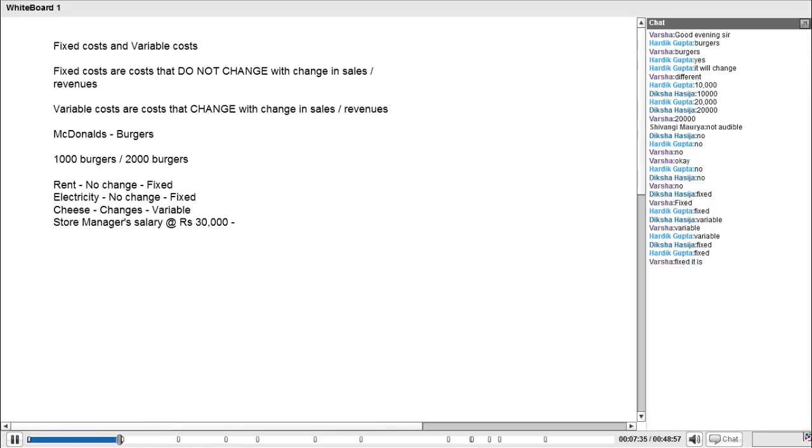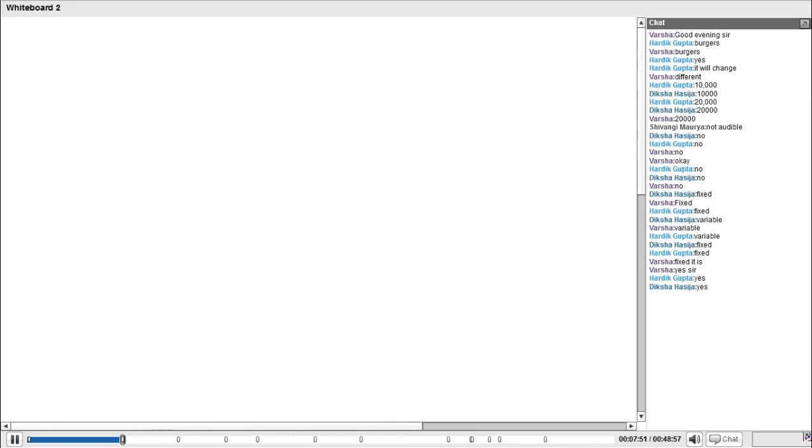It would remain the same. It is fixed and hence there is no change, and it is a fixed cost. So is this clear? The difference between a fixed cost and a variable cost. Let us now start doing some exercises so that we can understand and appreciate it better.